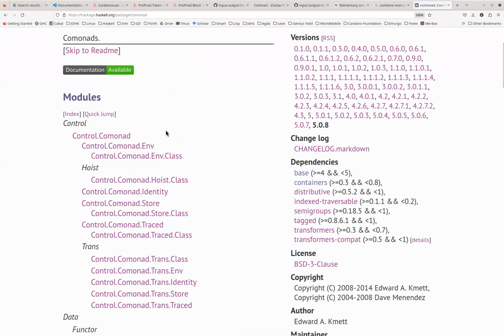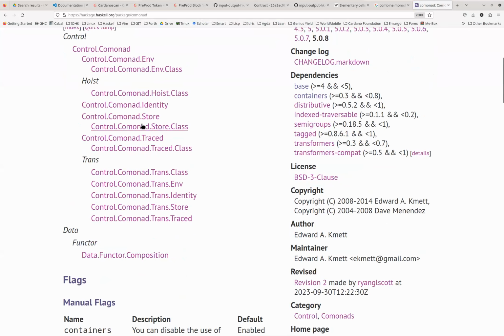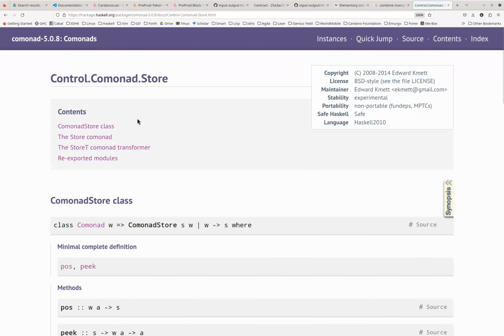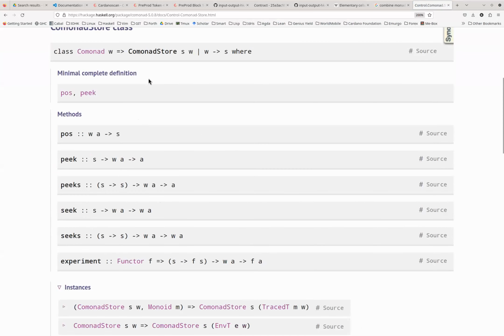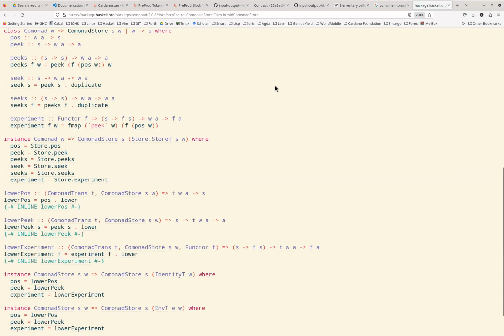And I think the equivalent of the state monad is the store comonad. And that is basically just a function. This is now a comonad transformer. The W can be thought of as identity. So it's just a function from A to S basically.